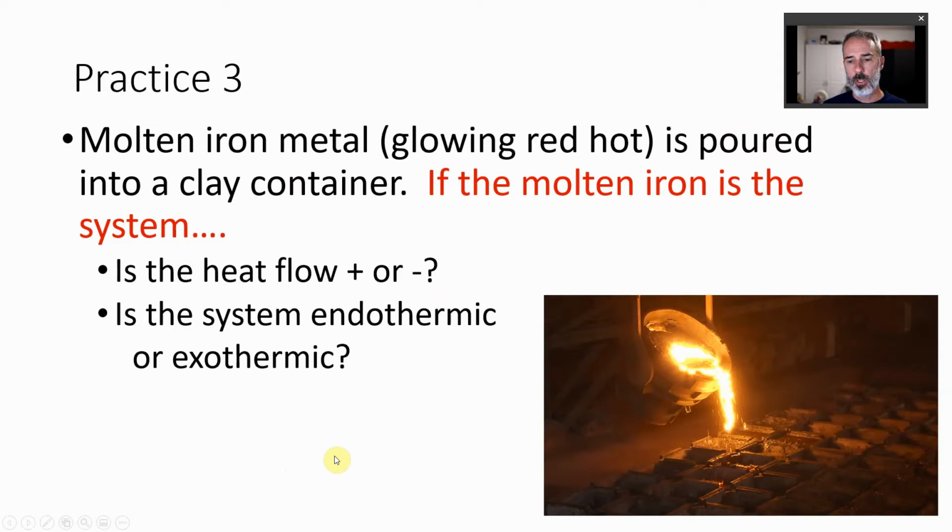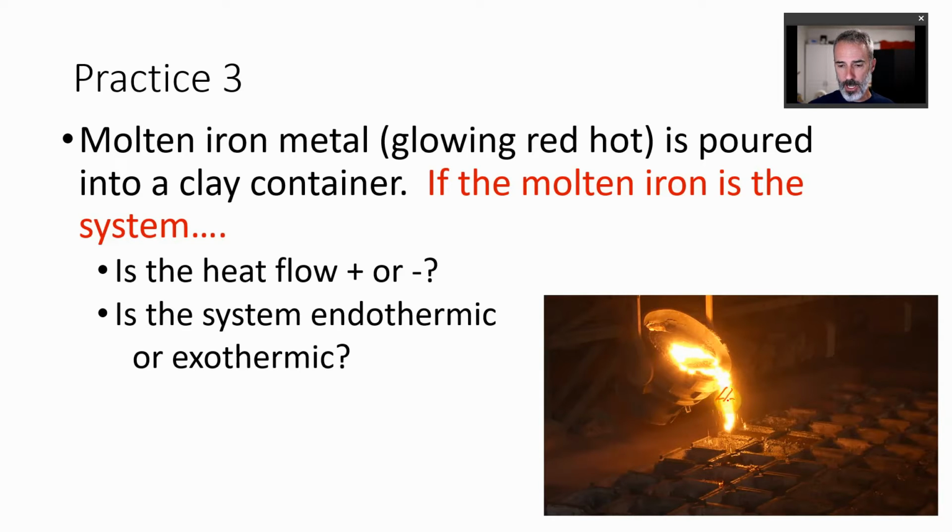Let's try another one. If we have some molten iron, which just means iron metal that's been melted, there's no water or anything, it's just iron melted, and it is poured into a clay container. If the molten iron is the system, as chemists would think it should be, is the heat flow positive or negative? Is it endo or exothermic? Well, here we have our molten iron.